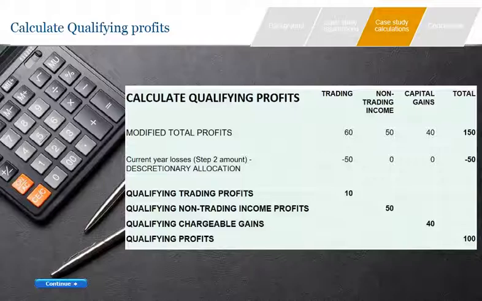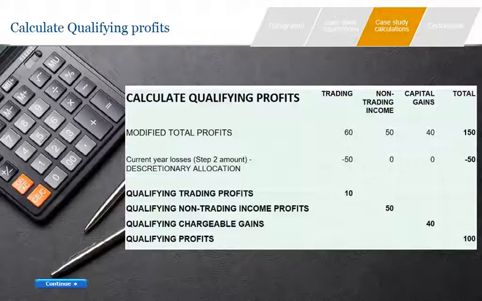So current year loss reliefs, like the 50 million in our case study, are not accounted for in the modified total profits measure. To address this issue, a further adjustment is required to reduce modified total profits for any current year losses which are deductible after total profits. The resulting profits measures are called qualifying profits and are listed on the slide.